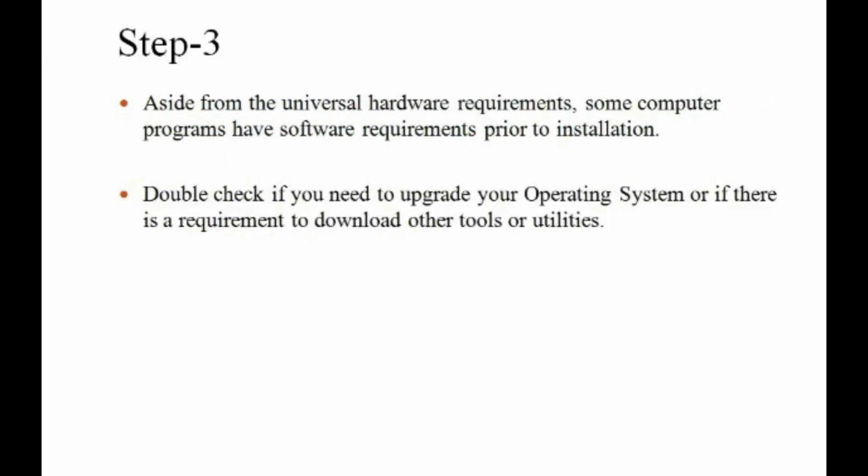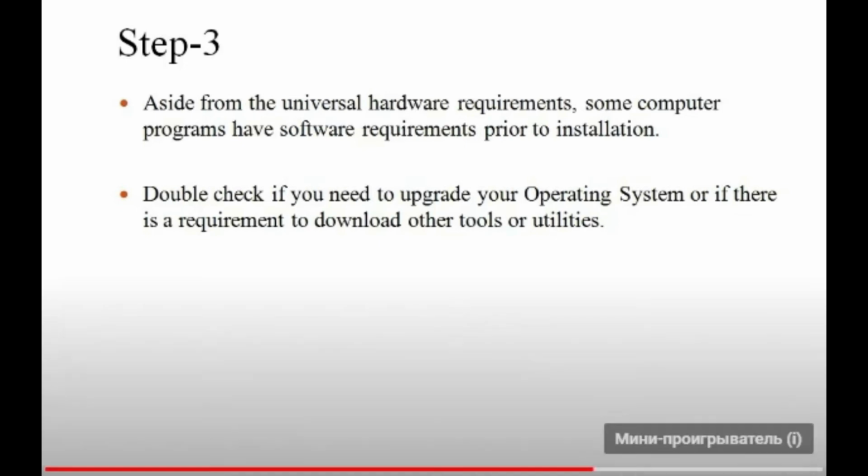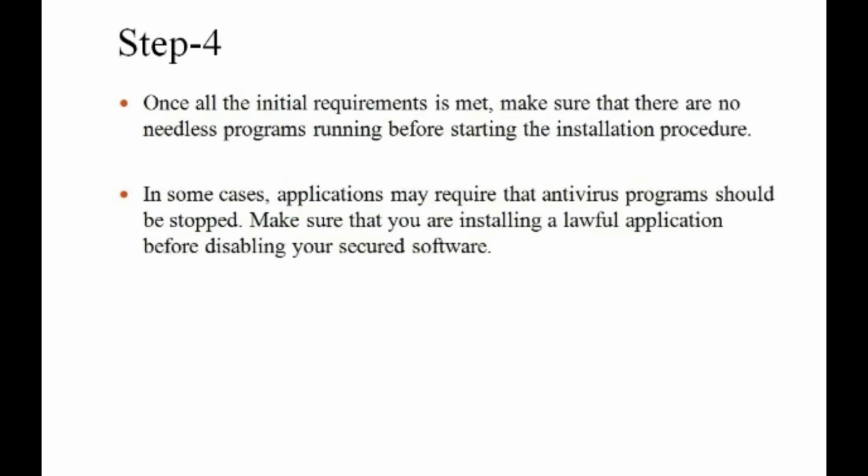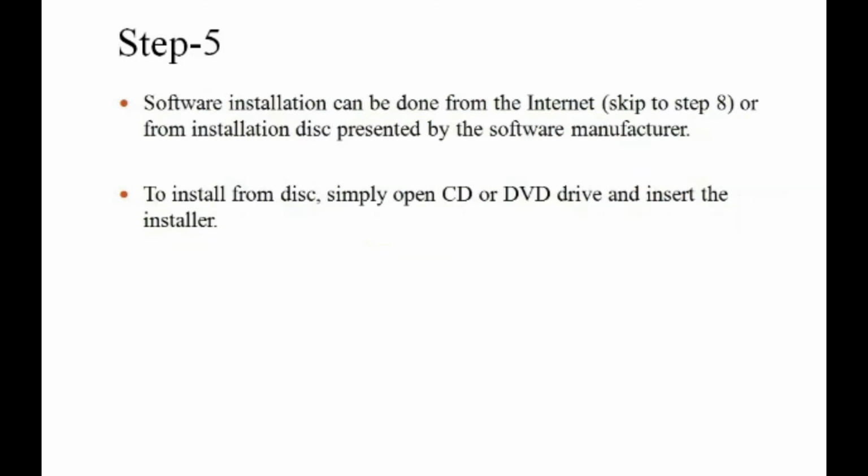You need to check whether there is any software update required in the laptop before installation. If the system requires an upgrade, perform the upgrade of the operating system. In the next step, check that no other software program is running in the system. You should also turn off the antivirus program if running.